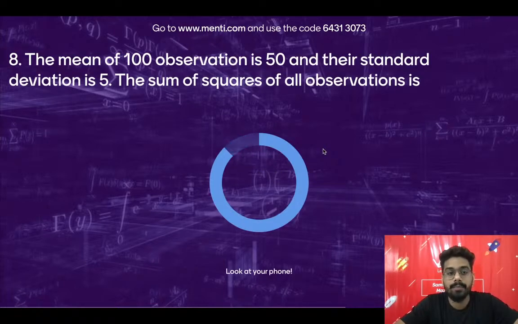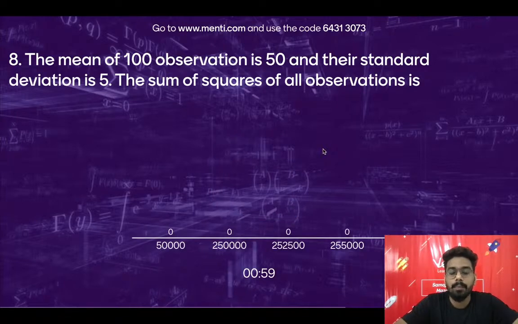This question now, the mean of 100 observations, simple question. Mean of 100 observations is 50 and their standard deviation is 5. The sum of squares of all observations is? So first of all, you will write down what is the mean.